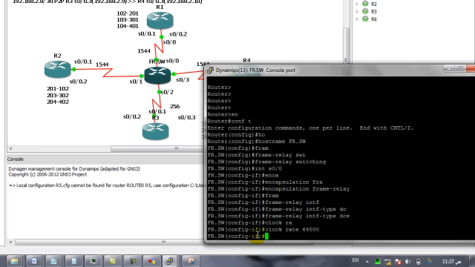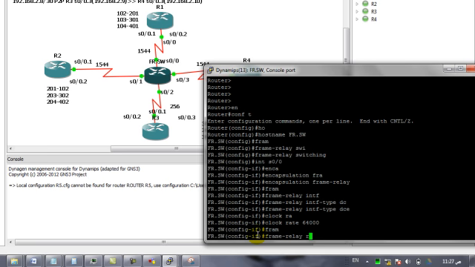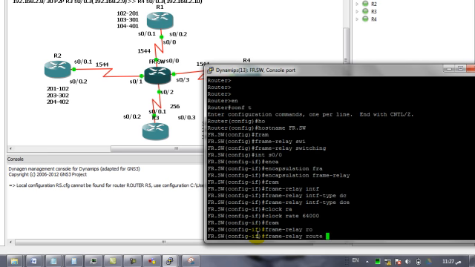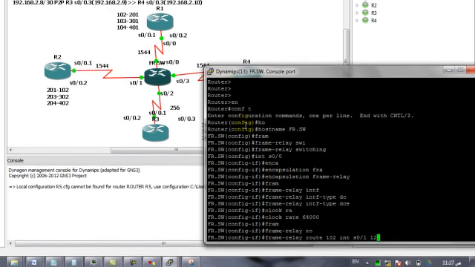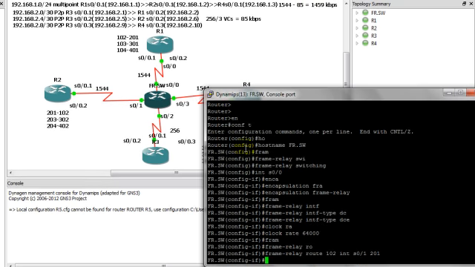Now I want to use frame relay route with 102 to go to the interface serial 0/1, with 201. Sorry. So this is the first one.